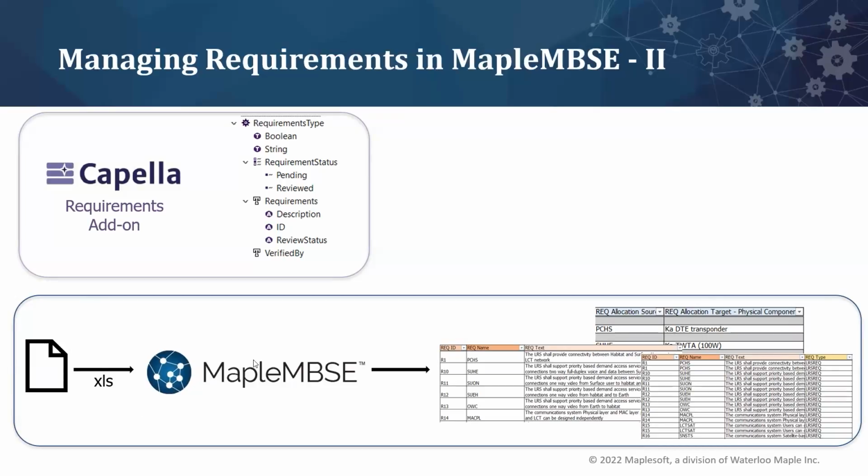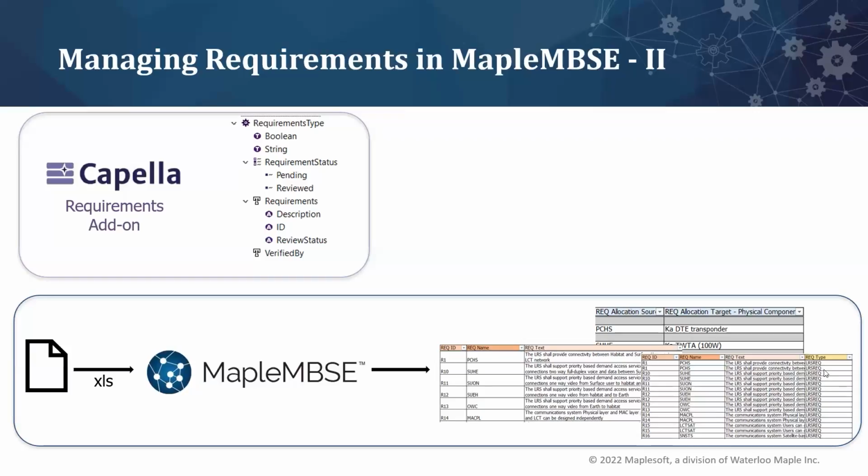MapleMBSE will automatically create all these requirements based on the type, what kind of requirements you want to add to the model, and what kind of relations you want to create between a requirement you just added and a component, a physical component, or a physical function that already exists in the model. You'll be able to create all these links between the requirement and the Capella model elements.